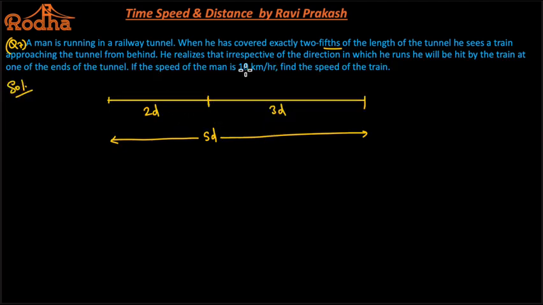So now they're saying that he realizes he's seeing the train. So this person is here right now, and he's seeing a train. That train is approaching the tunnel. That means it's not that the train has actually reached the tunnel. Approaching means, let's say the train is right now here at some distance x from the tunnel, है ना?